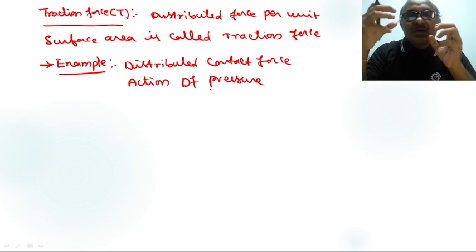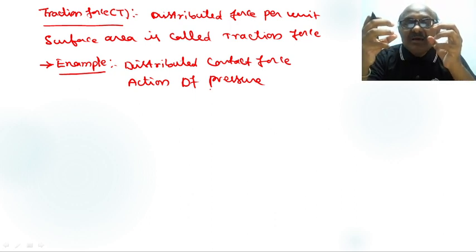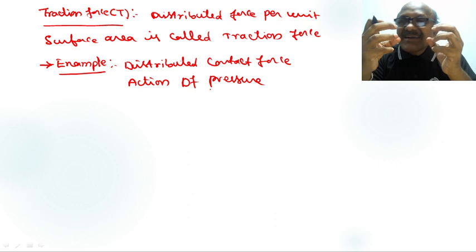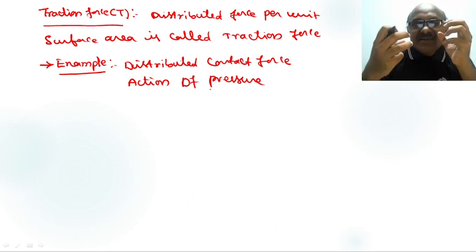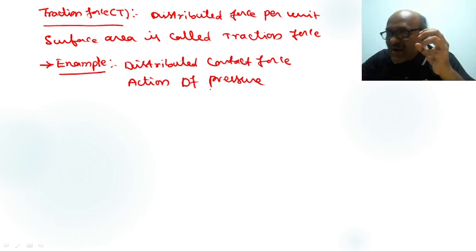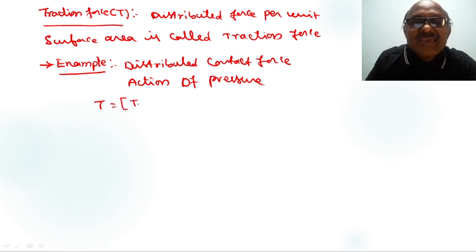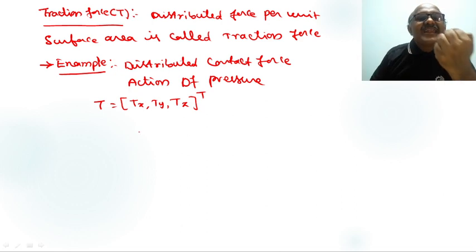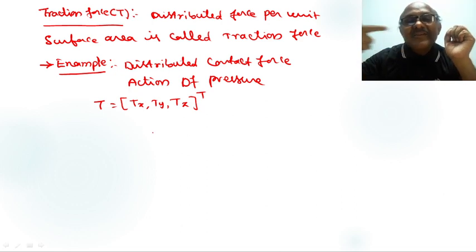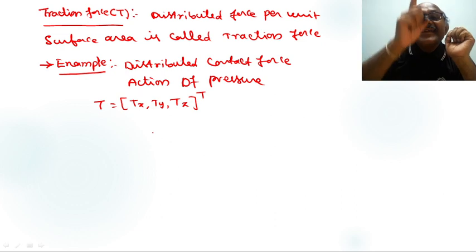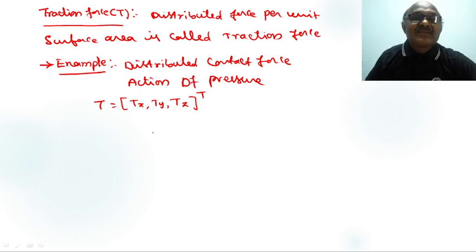Because of that force, there are three components: traction force in x direction, that is perpendicular to my screen, traction force in y direction, traction force in z direction. That is the traction force and its components, Tx, Ty, Tz whole power transpose. So Tx is nothing but traction force in x direction, Ty is traction force in y direction, Tz is traction force in z direction.